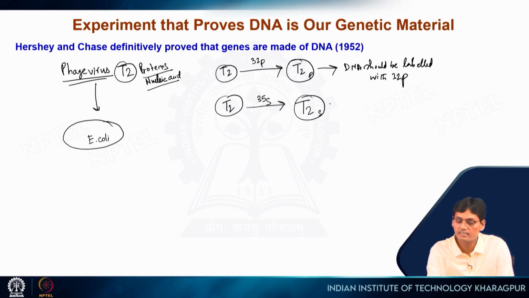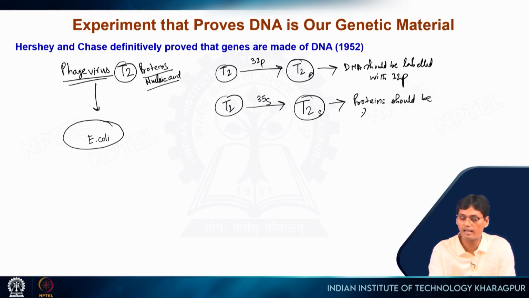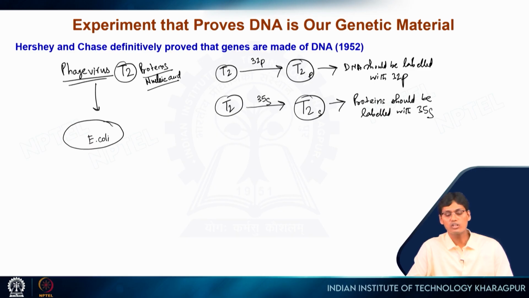And in this case, proteins should be labeled with 35S, or radioactive sulfur, because phosphorus is not present in protein.